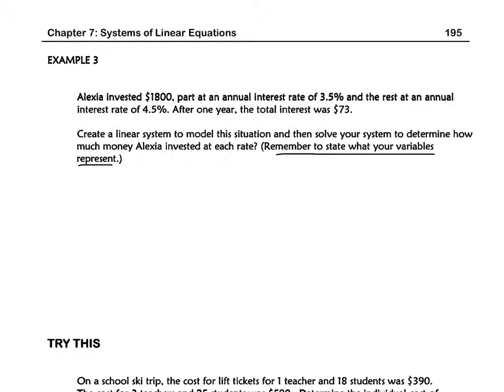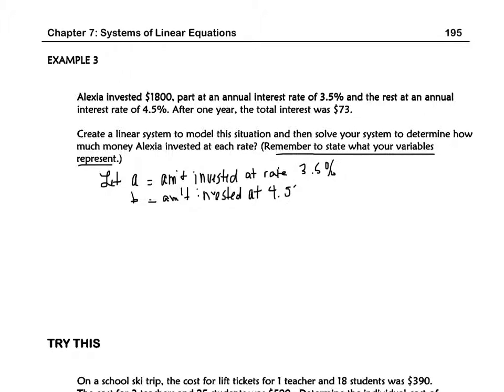So if we look at the information again, it's talking about two different amounts of money at two different interest rates. So if we let A equal the amount invested at rate 3.5% and B equal the amount invested at 4.5%.